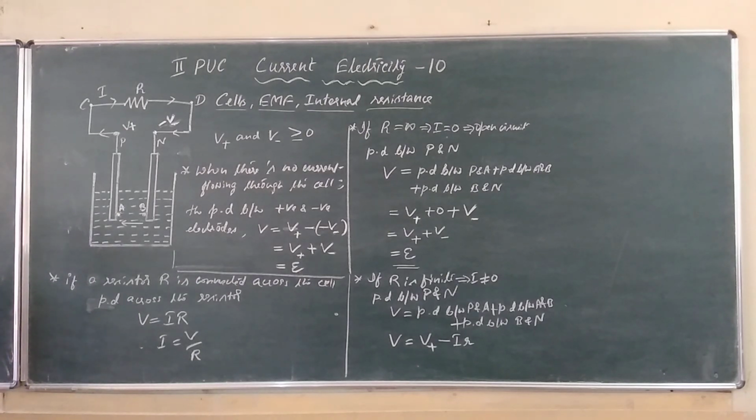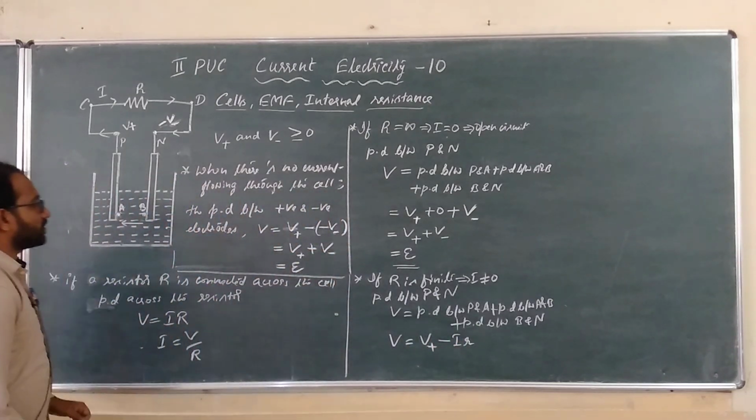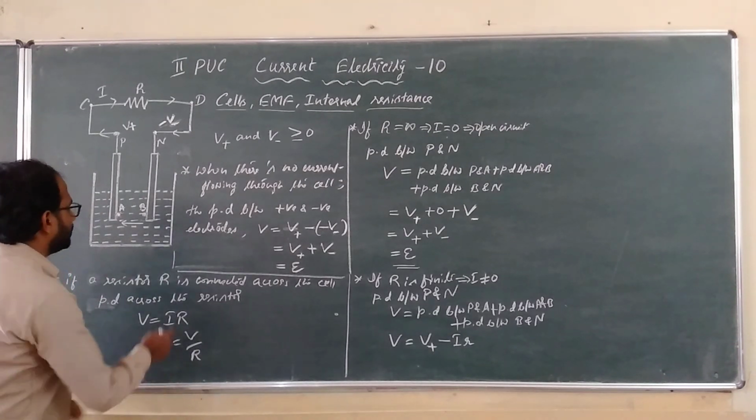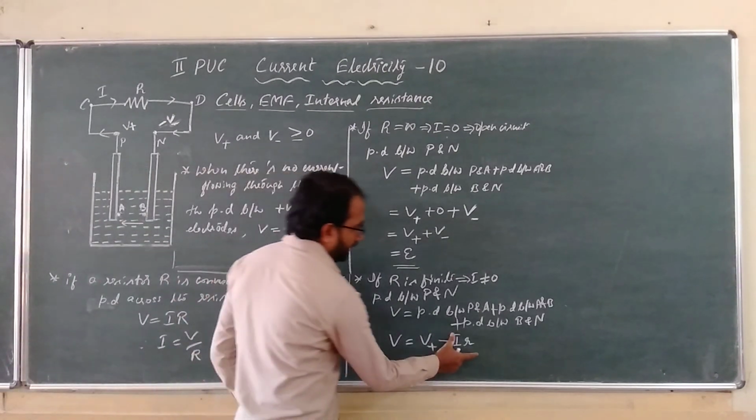That is the resistance offered by the cell to the flow of current, that is called internal resistance. So therefore, I into R, the voltage drop across the internal resistance, is called lost voltage. The voltage drop across the internal resistance, which is called lost voltage, is IR.